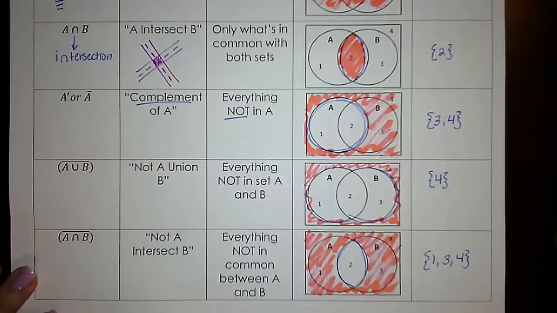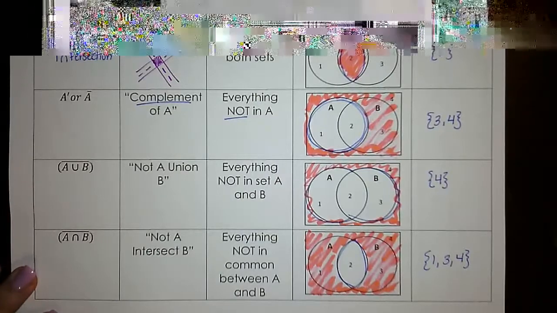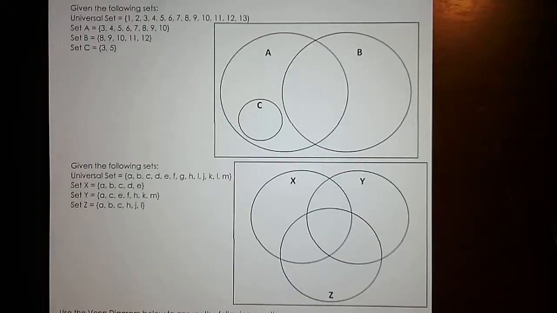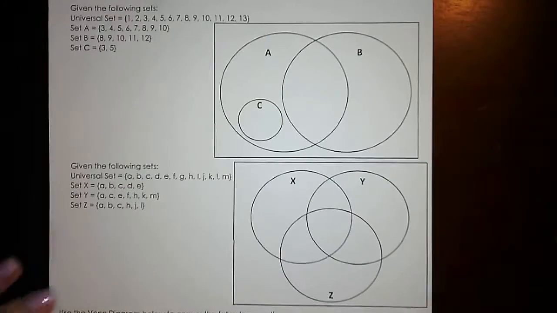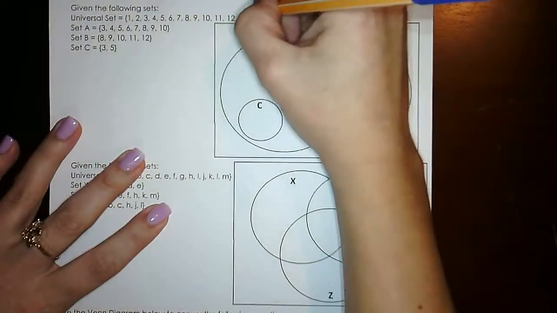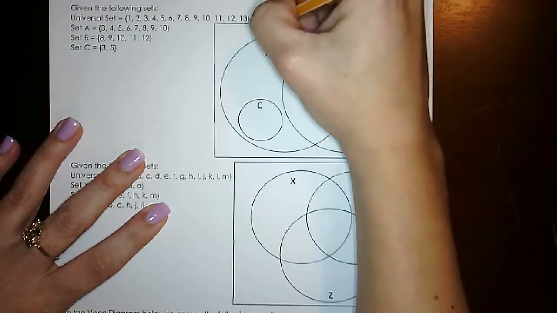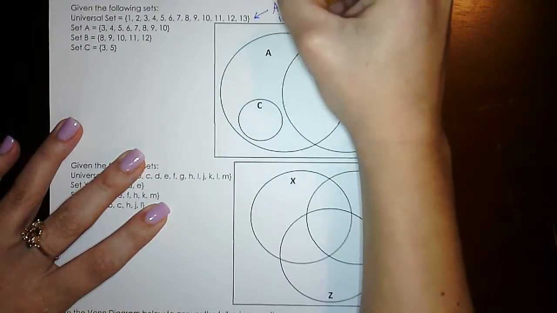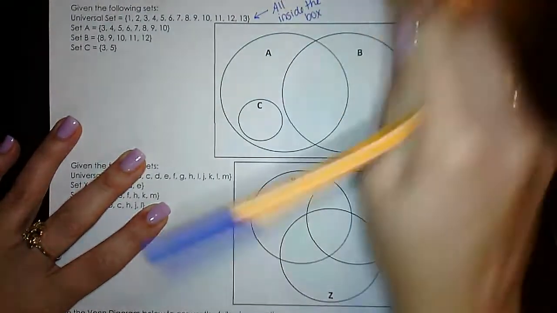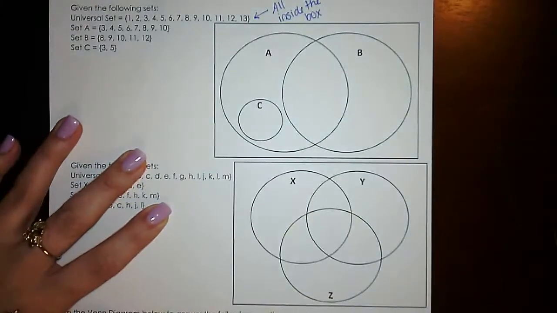Okay, so if we look at this one, we have the universal set, which is the outside. So it's all inside the box. Everything that's inside this box, that's the universal set.